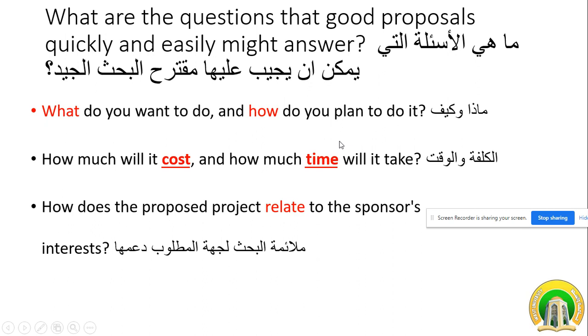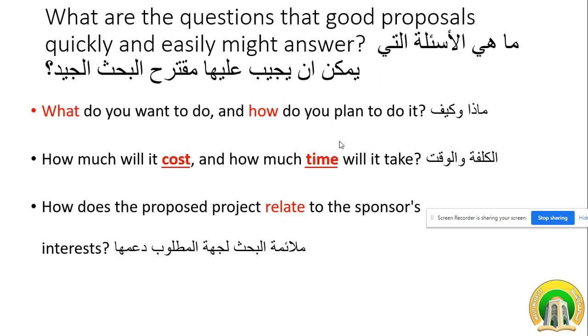So what are the questions that good proposals need to answer? The first question they will ask you is what do you want to do and how do you plan to do it? The most important question is the cost and time that you need to accomplish your project. You have to have a timeline that's showing this. And how does the project proposal relate to the sponsor interest?